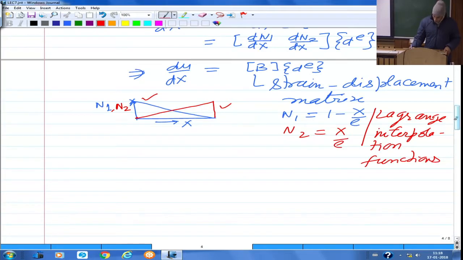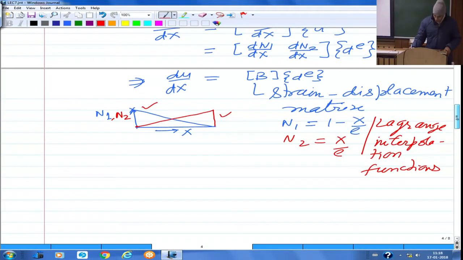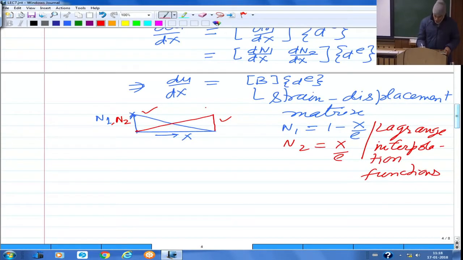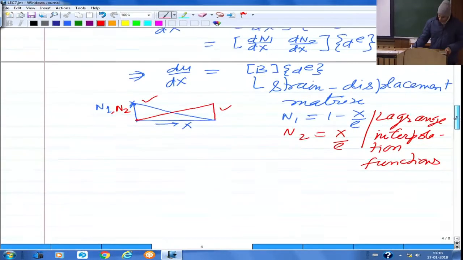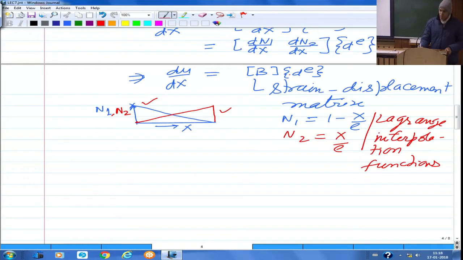Then we want to substitute this approximation of u and du by dx in the integral functional. Since we have expressed u as H into d and du by dx as B into dE, we first have to rewrite the integral functional so that the matrix multiplication remains consistent.